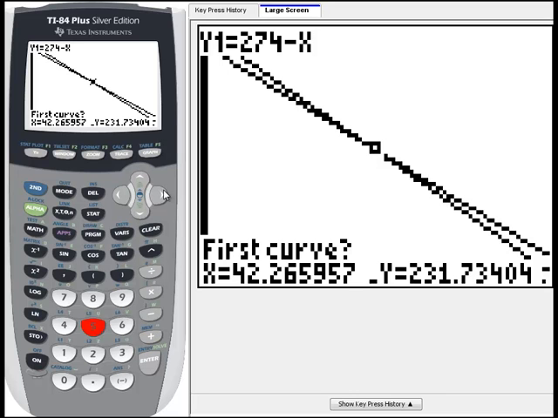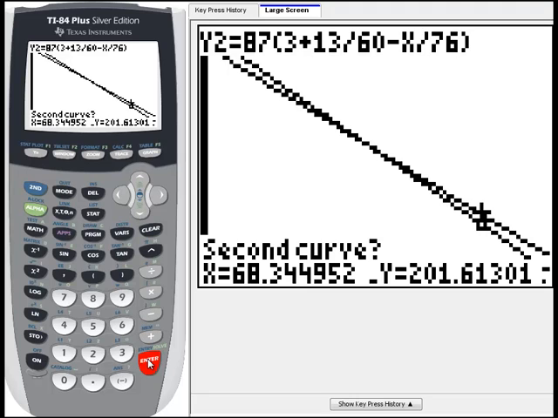I like to get the visual on this curve choice. So I move to where my curves are clearly separated so I can get the visual as well as the expression in the upper left. Is this our first curve? I'll say yes by entering.